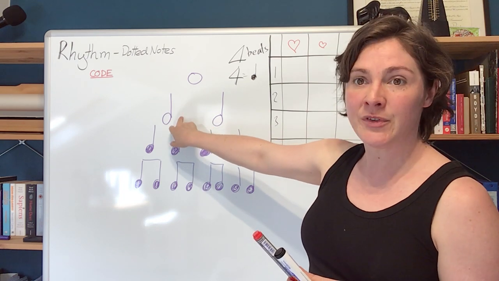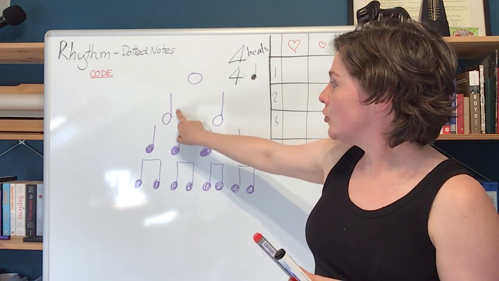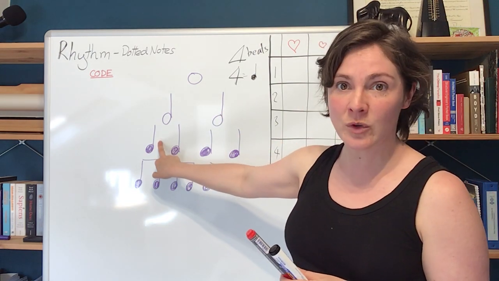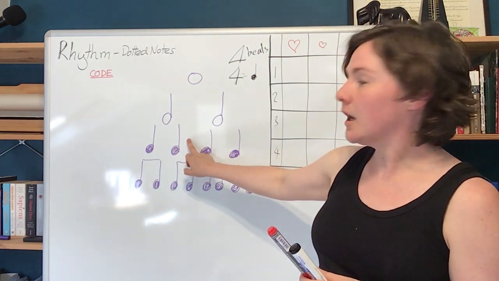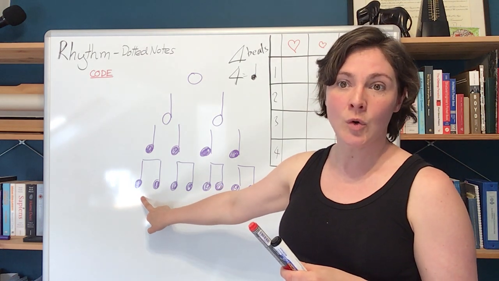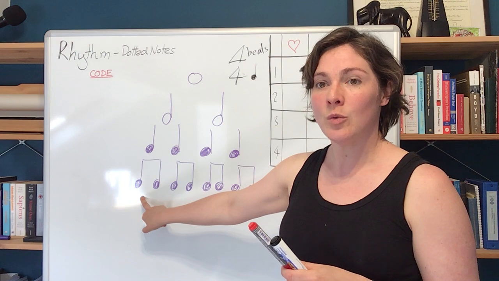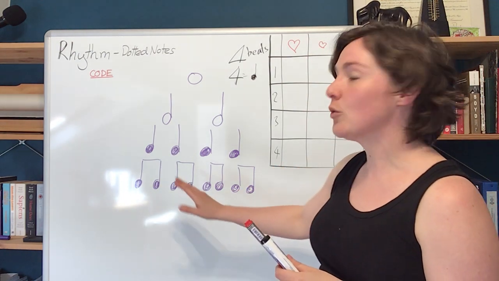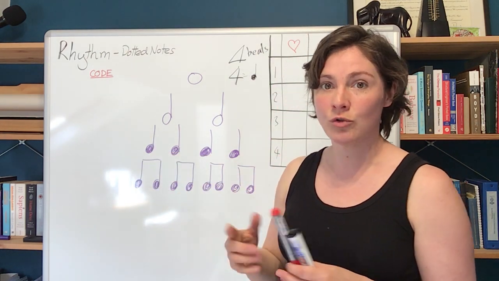We've got minims, or 2 woos, which are 2-beat notes. We've got crotchets, which are tars, 1-beat notes. And we've got quavers, or TTs, to use their rhythm name, which we call half-beat notes, because 2 quavers fit into a crotchet.